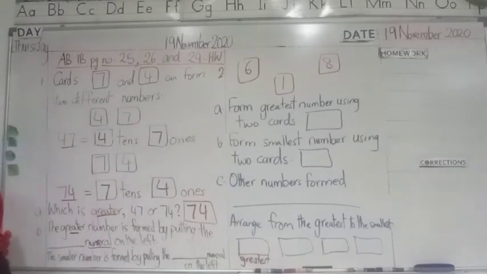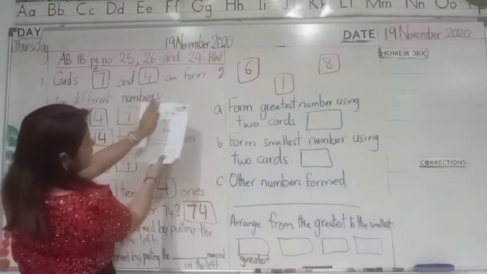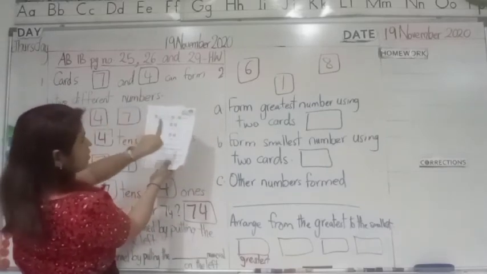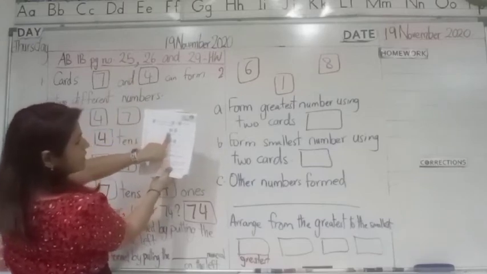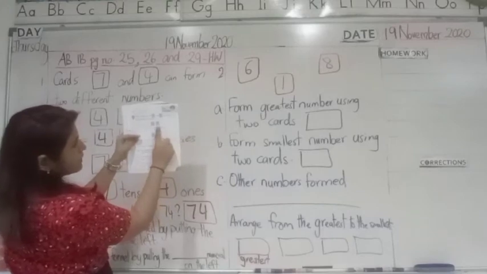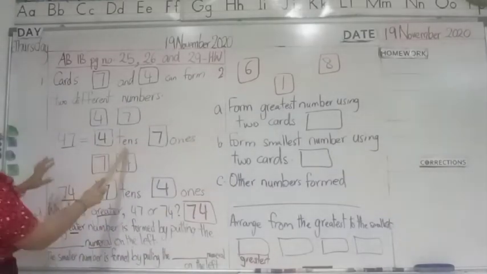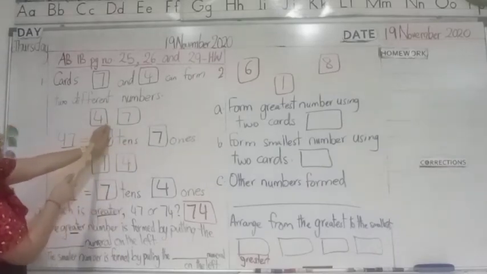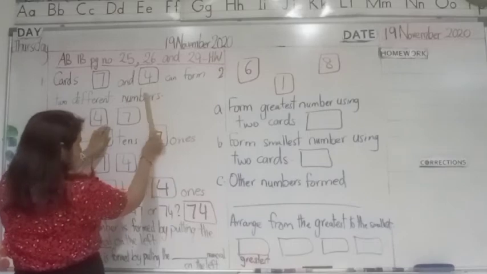So what you can do on your book is place your left hand pointer finger on the tens box and your right hand finger on the ones box. So you will understand that tens fall on your left hand side and ones fall on your right hand side.